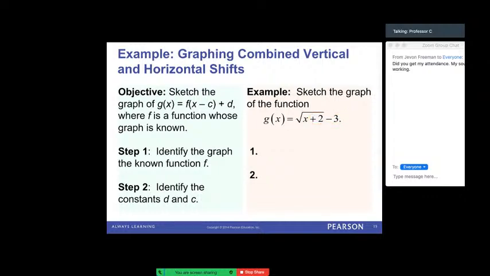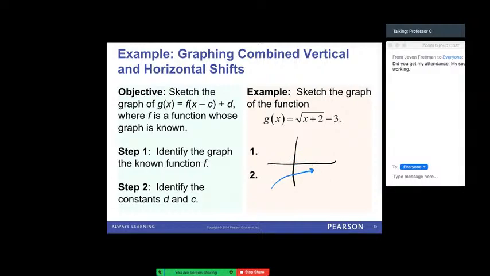So we can anticipate something like, if this is the xy plane, say this is our graph, right? Then we can anticipate this graph. We said it should go left by 2 and down by 3.